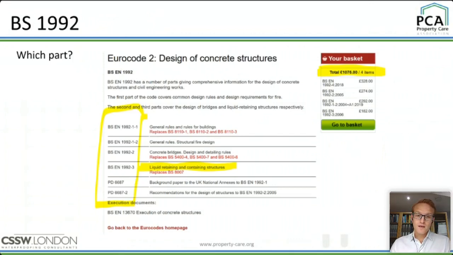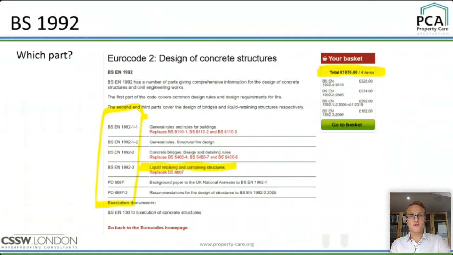I've come across some people who say, well, that's liquid retaining and containing structures. Basements aren't liquid retaining or containing. And I would argue that, well, actually, a basement is a liquid retaining structure, in the same way that we'd happily call an earth retaining wall earth retaining.